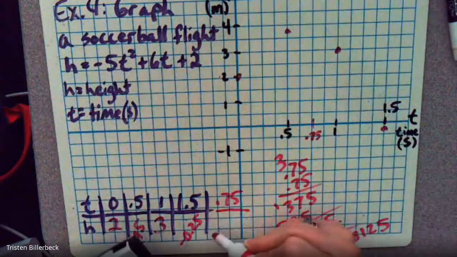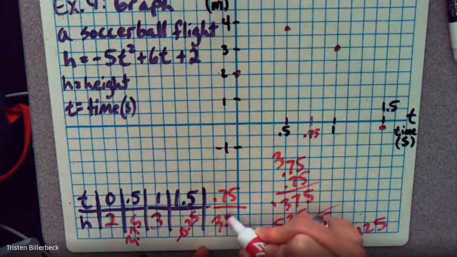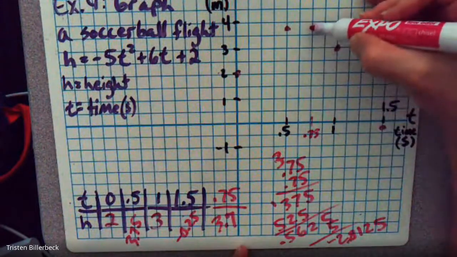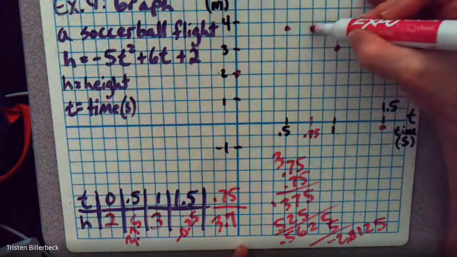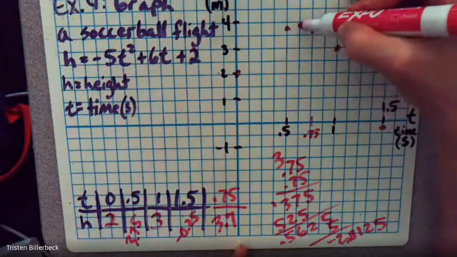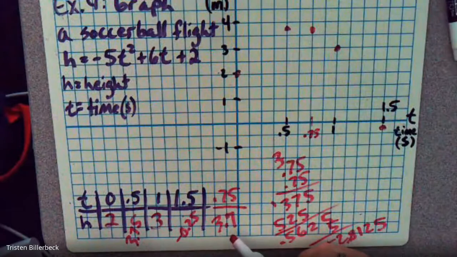Okay, so this point right here is 3.7. So that gets me right here. So if this is 3.75, this is 3.7, oh, we found it. These are so close, 3.7 and 3.75.